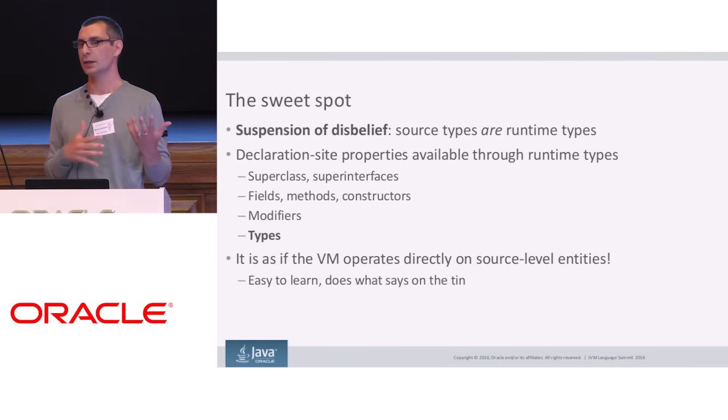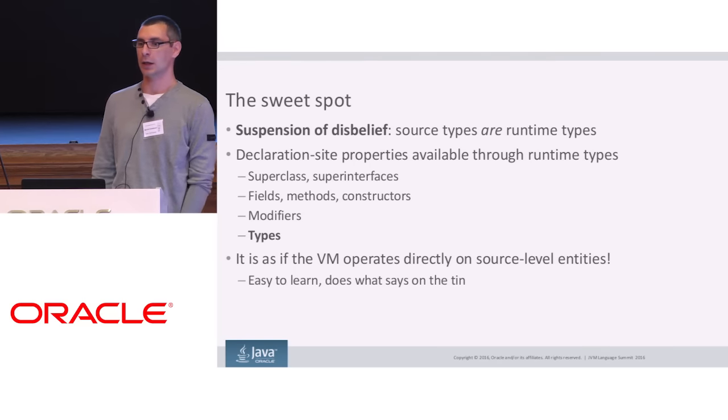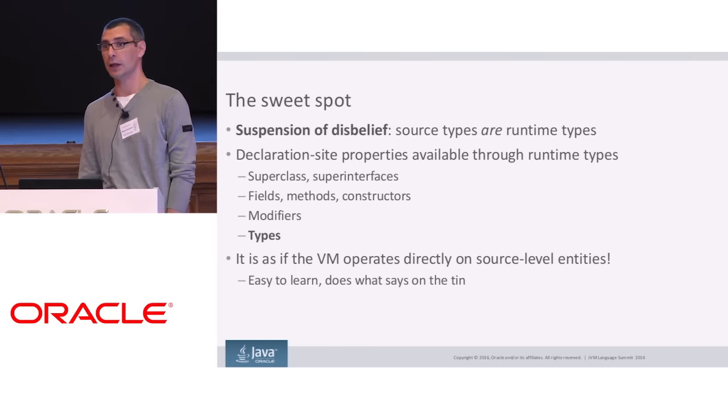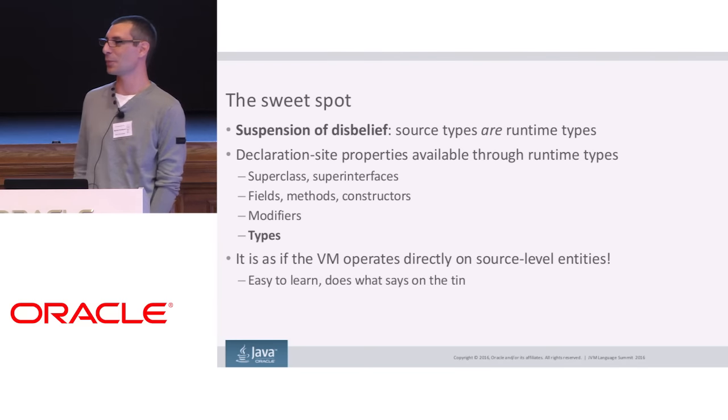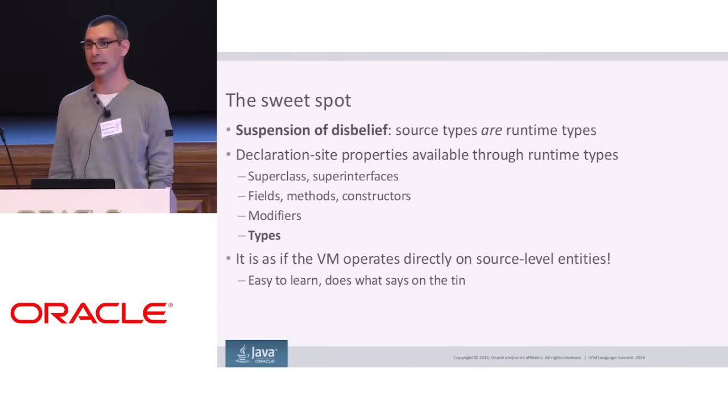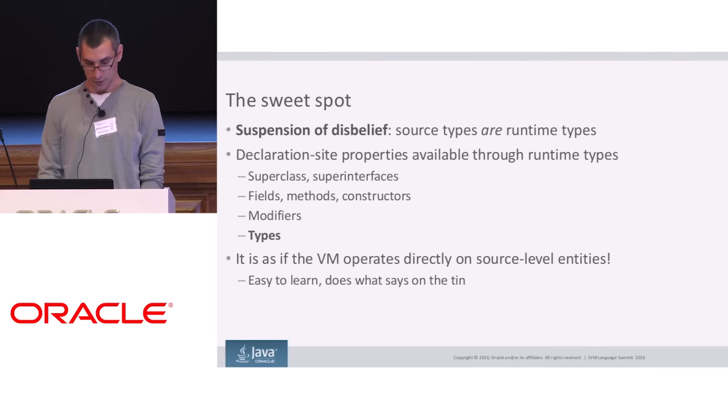So I can basically use one in place of another. For example, if I look at the members of String reflectively, I will get the same members that I get when I press Control-space in my IDE. And that's a pretty powerful abstraction.